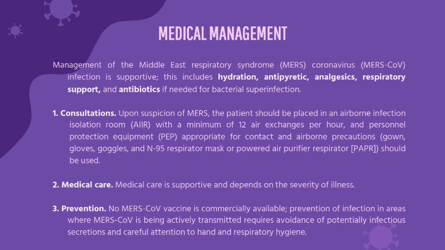Medical care is supportive and depends on the severity of illness. Number 3. Prevention. No MERS-CoV vaccine is commercially available. Prevention of infection in areas where MERS-CoV is being actively transmitted requires avoidance of potentially infectious secretions and careful attention to hand and respiratory hygiene.